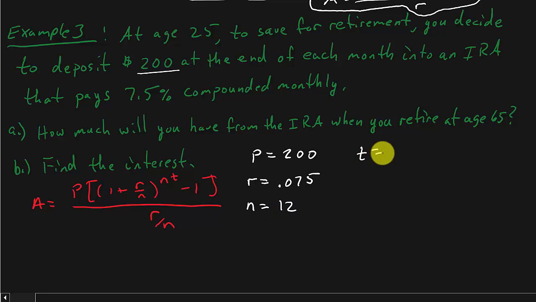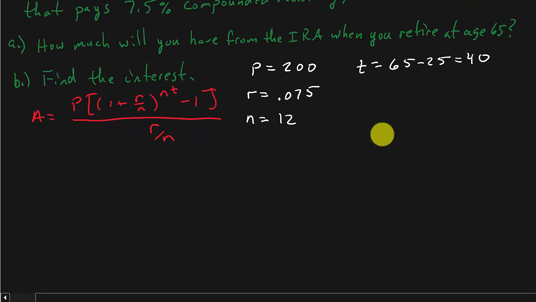At the age of 25, it doesn't come out and tell us a number of years, does it? But it does say, how much will we have when you retire at age 65? Well, when did we start? We started at age 25. So T would be 65 minus 25, which is equal to 40 years. Now let's plug all this in.